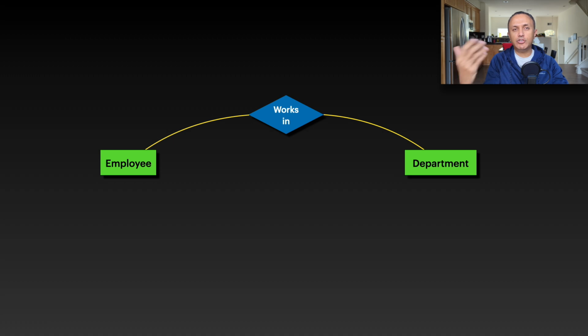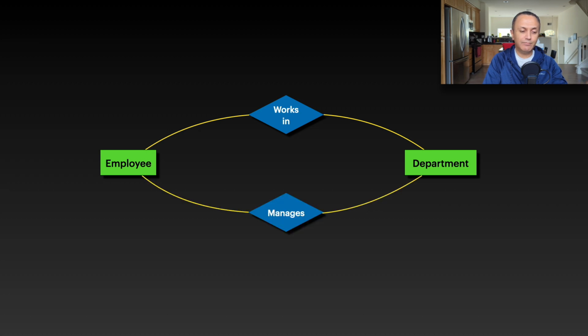You might have additional relationships that still connect the same entity types. For example, you might have a second relationship that says manages. So employee manages department. The employee can be a manager and manage a department, but also you have employees working in a department. So you have 2 different ways to connect these 2 entity types. I just wanted to note that in case you see it anywhere. It can happen because each relationship has a different meaning. So this is very possible, and you'll find that in many databases.